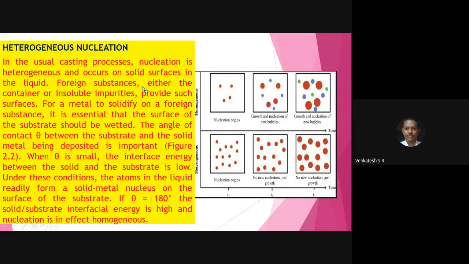The foreign substances may be insoluble impurities or some other material.